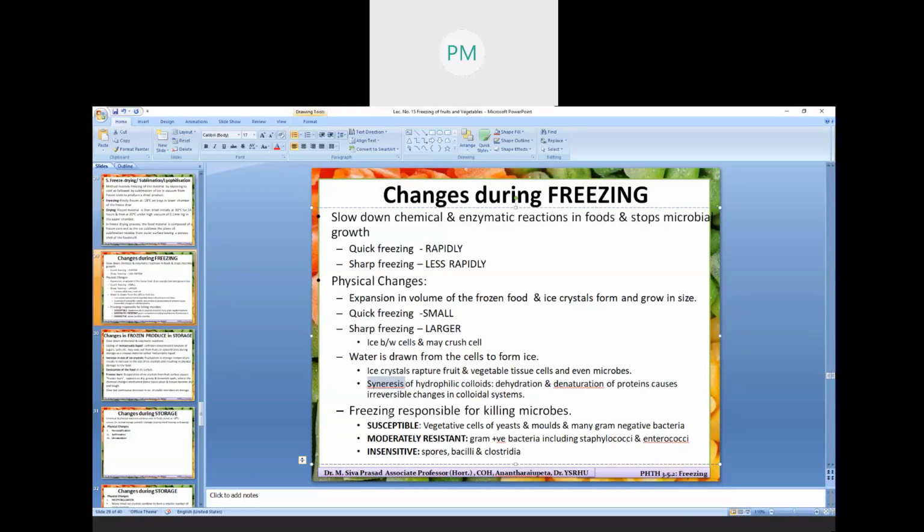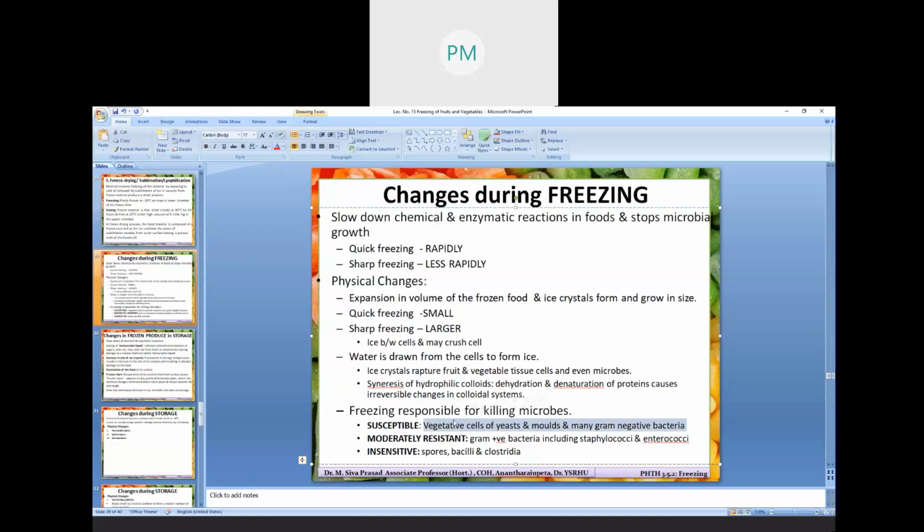The freezing will help in the preservation of the food by reducing the rate at which microbes grow. The microbes either become susceptible, moderately resistant or insensitive to the applied low temperature. Vegetative cells, yeast, mold, and many gram-negative bacteria are very susceptible to freezing conditions, so they get killed.